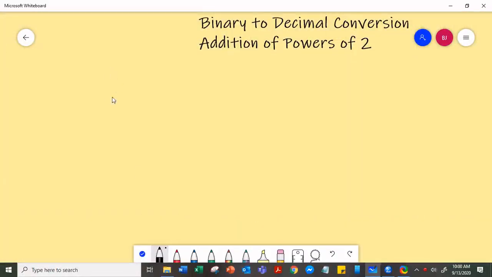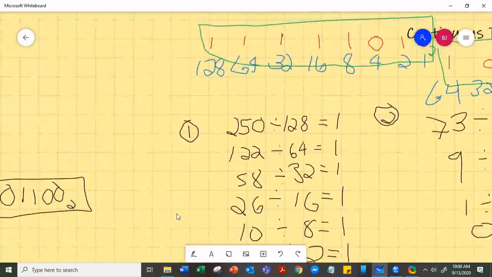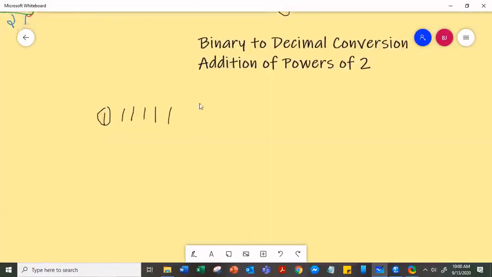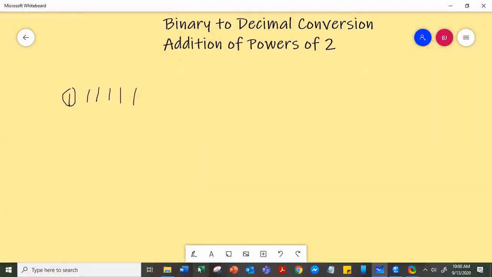So for our first example, we have 5 1s, 1 2 3 4 5, and 0 1 0. Okay, so with this method, we're going to reverse it. So we're going to use the continuous addition by powers of 2.